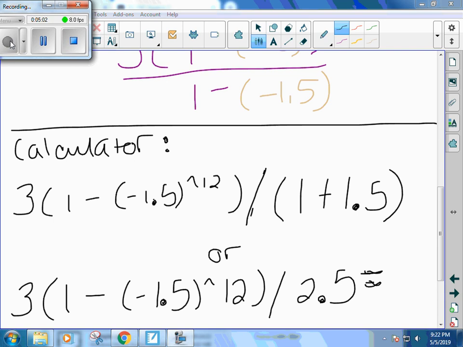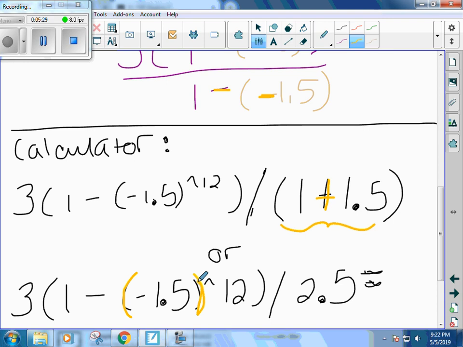Okay, there are two ways that you can type this in. I've shown them both here. I accounted for my minus a negative and made it positive. I always like to just add those together when I type it in the calculator, so then I'm just typing in 2.5. It's really important though that you include these parentheses.